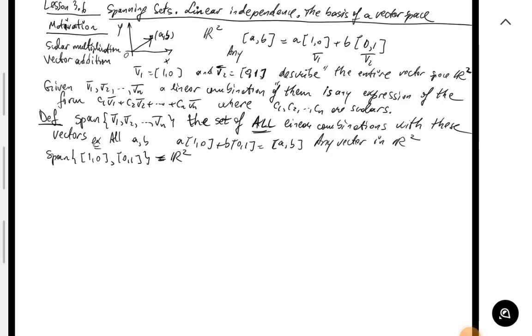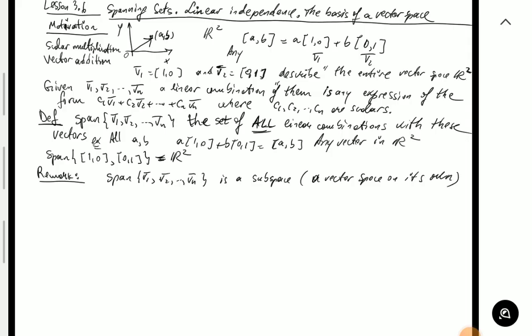So let's establish another important remark before we move on. A spanning set of any bunch of vectors is a subspace. That means a vector space on its own. In the beginning, the definition of a subspace seems a little bit underwhelming because you don't say much, right?